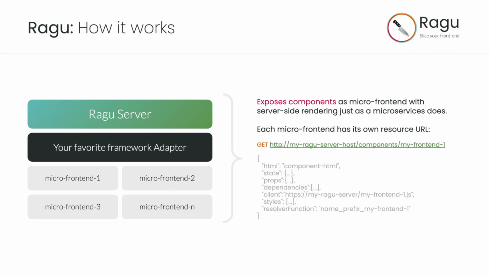Ragu is organized into two main applications, Ragu Server and Ragu Client. Ragu Server exposes components as micro-frontends, just as many RESTful microservices do. Each micro-frontend has its own resource URL that returns the micro-frontend HTML and other properties used by Ragu Client to resolve the component.